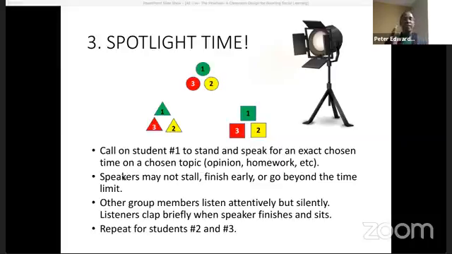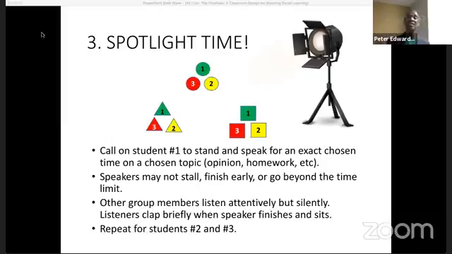And it's very important that the teacher gives a time limit, maybe 1 minute, maybe 2, maybe 3, it depends on the activity. But all of the number 1s will take exactly that time limit. When we say start, number 1 is talking, and then when we say stop, they stop, and number 2 goes. But don't let them finish early and don't let them go later, because that helps equality in the classroom.